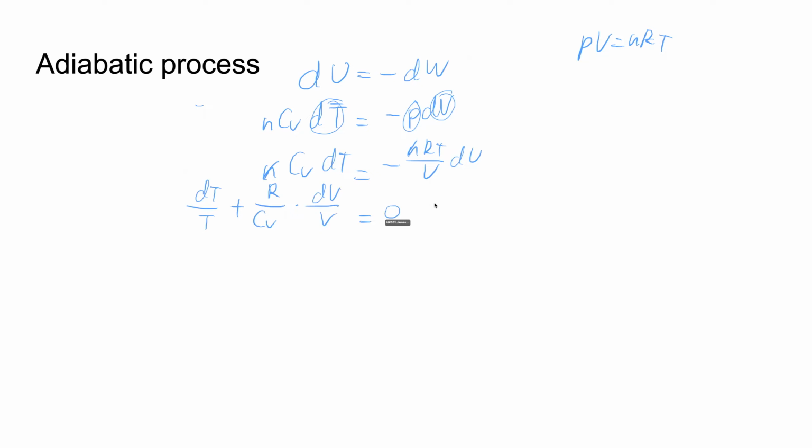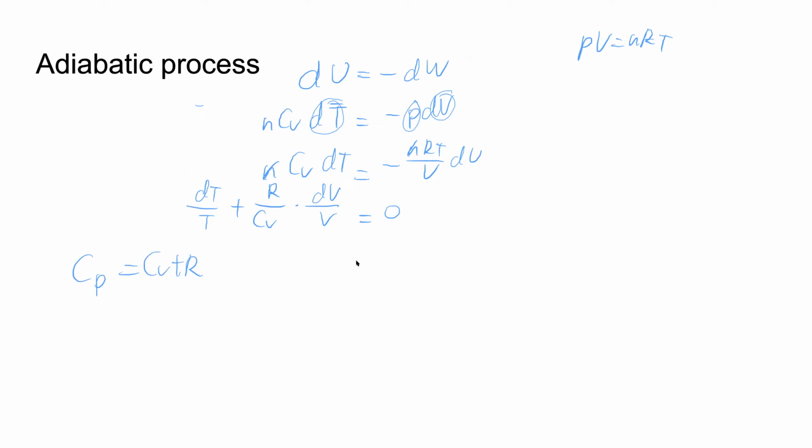There's another property that I forgot to talk about: the molar heat capacity when pressure is constant equals Cv plus R. I'm just going to assume this is true first, and I'll explain later. You can express R in terms of Cp minus Cv.